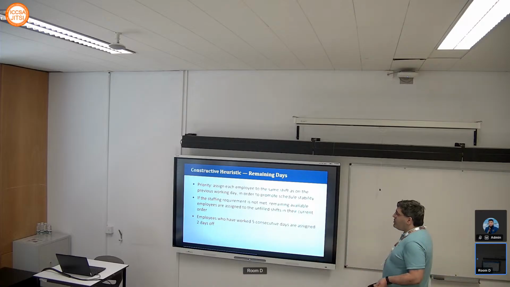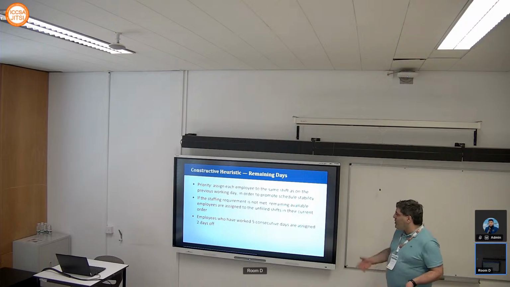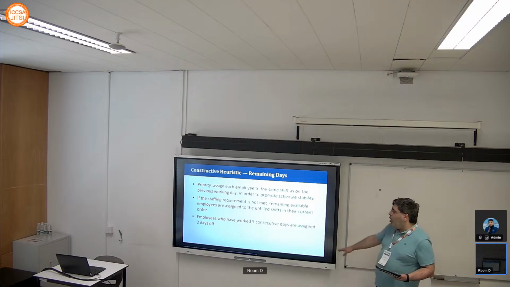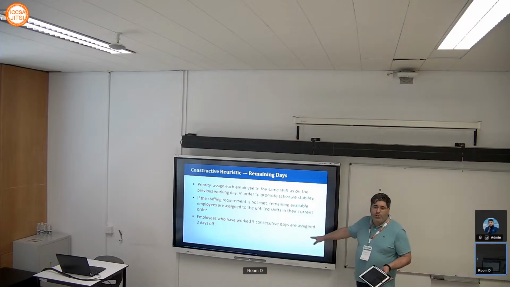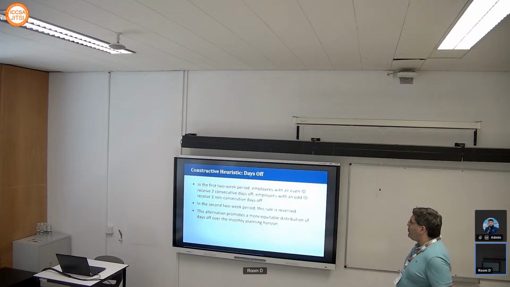If the staffing requirement is not met, the remaining available employees are assigned to the unfilled shifts in their current order. Obviously, after 5 consecutive days at most, we have to assign 2 days off.